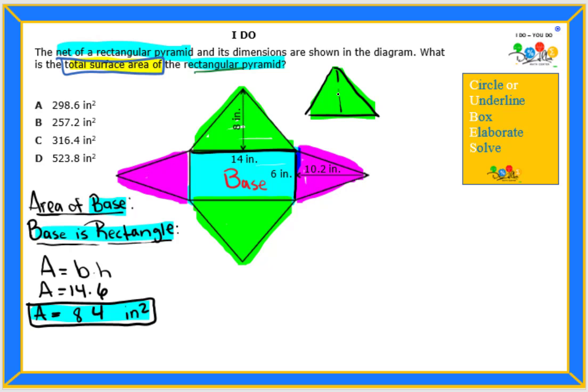So the base of the triangle is 14 and the height is 8. So the area of a triangle is half of the base times the height. So our triangle will be half of 14 times 8.